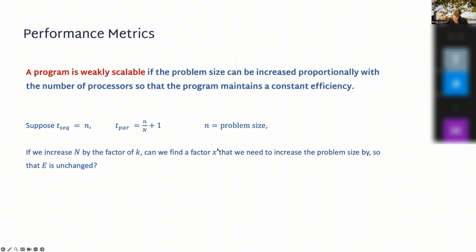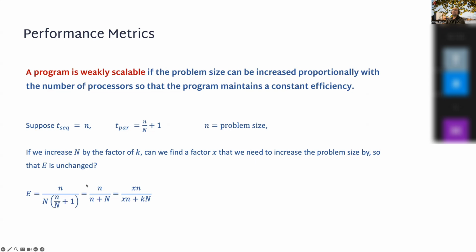So the question is, can we find a factor x that we need to use to increase the problem size, if we increase the number of cores by the factor of k? Roughly speaking, we want to know how much we can increase our problem size if we increase the number of cores to keep the efficiency constant.